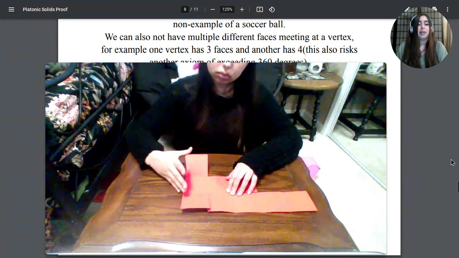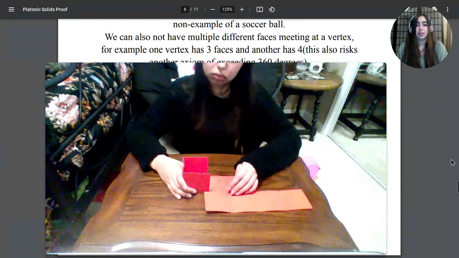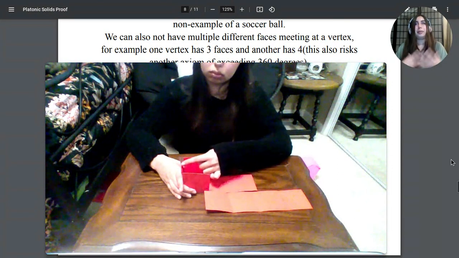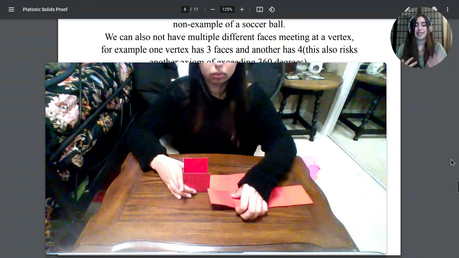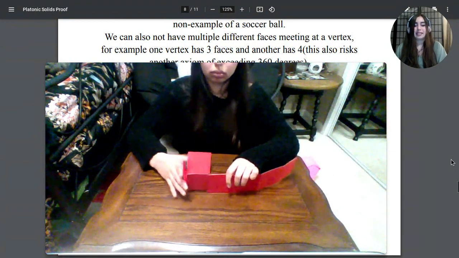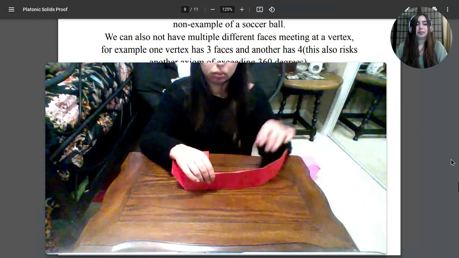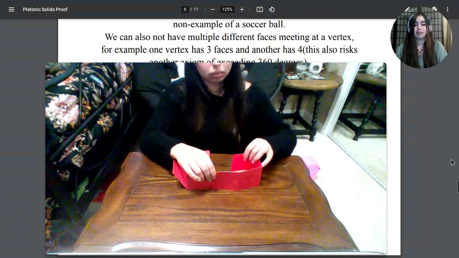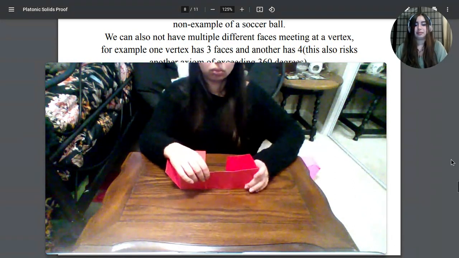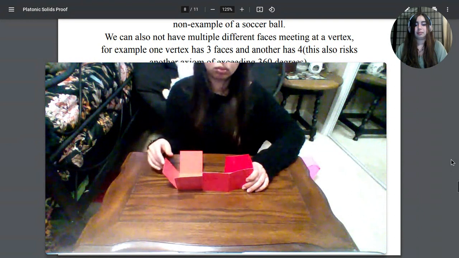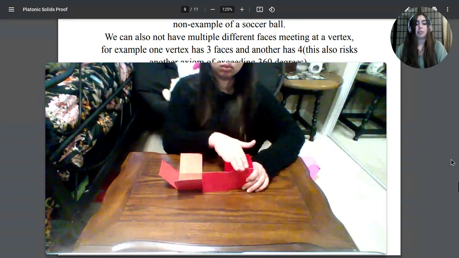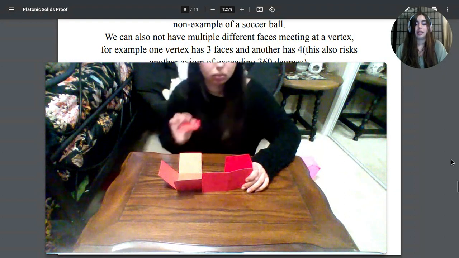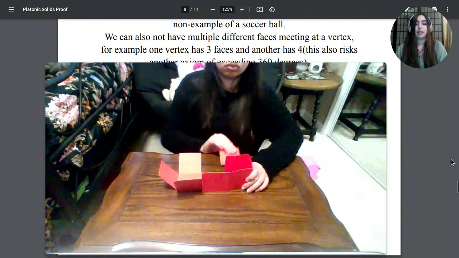And if you add enough, it'll just become a bigger cube. So it proves that the only uniform shape that we can have is the cube. I'm also pointing out that the vertices don't exactly line up when we're adding things together.